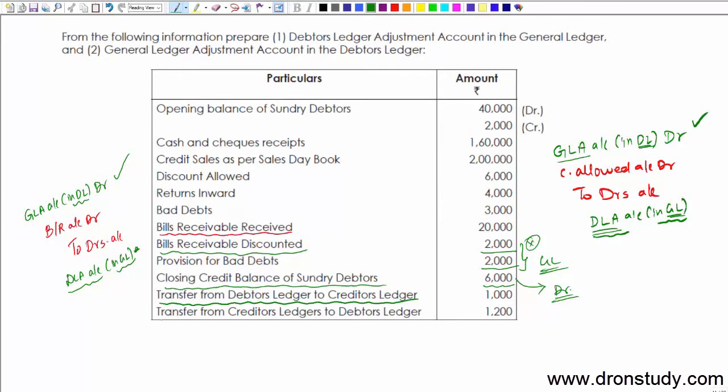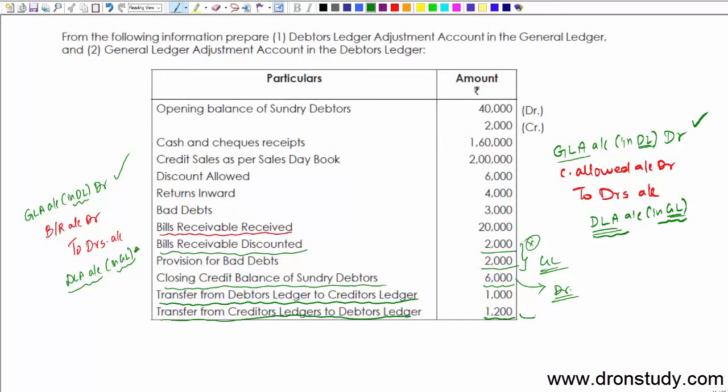Then we have one more item, transfer from creditors ledger to debtors ledger. Basically this is payable to that particular debtor. So that will also bring down the value.